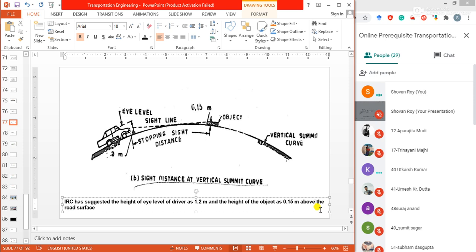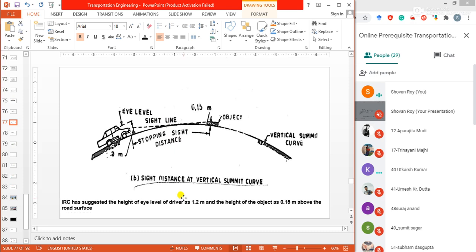Sight line is the line through which the driver can see the object or the obstruction. Sight line is just whether it is visible or not from the driver's side.